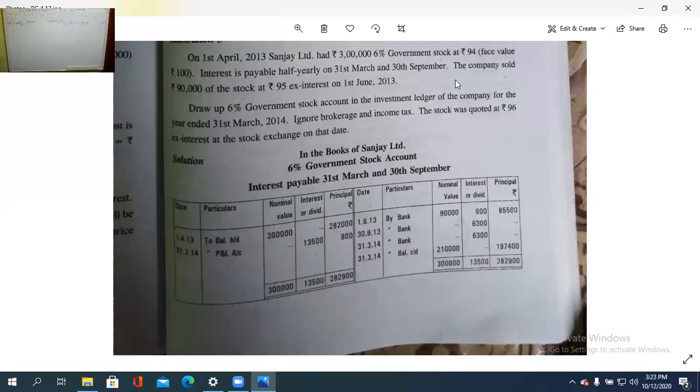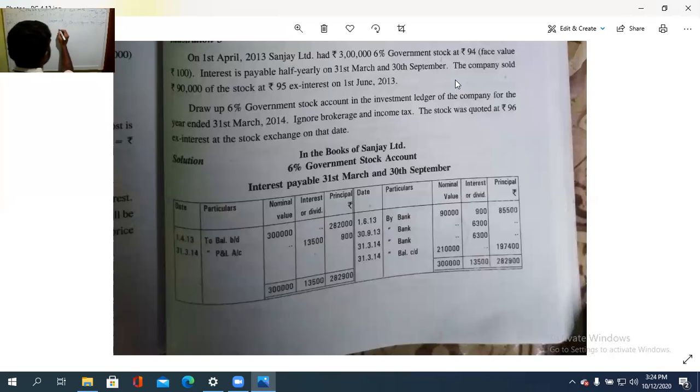So 90,000 into the rate, which is 6%, so 6/100 into 2/12. So 900 is the interest. 85,500 is the amount for the sale ex-interest. In the previous problem, this amount included both together. Here 85,500 is the sale price, and this 900 is the two months' interest.